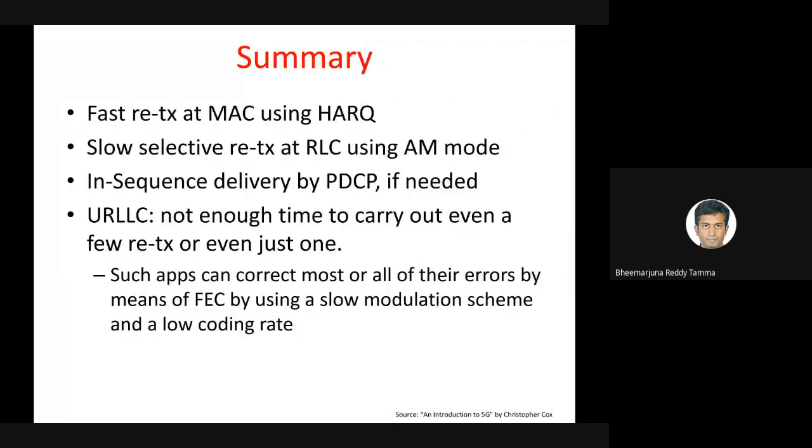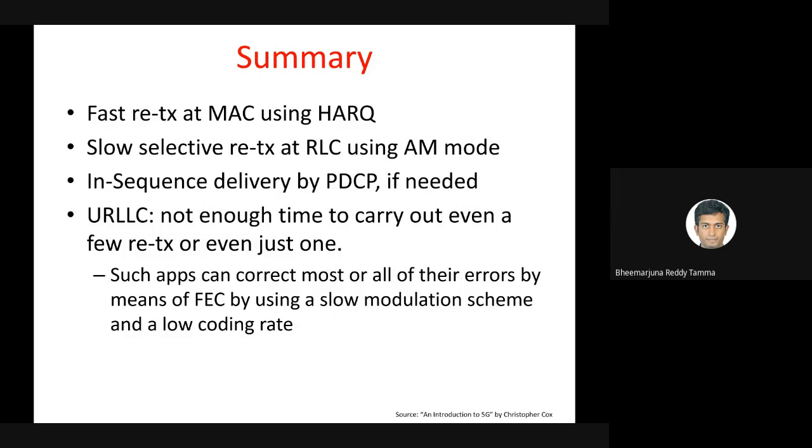So in summary, we have discussed how we can use the MAC layer with hybrid ARQ for fast retransmissions. If you want another level of reliable transmission, you can use AM mode at the RLC layer, which gives you slow and selective retransmission, where you can retransmit only those unsuccessfully received RLC blocks.